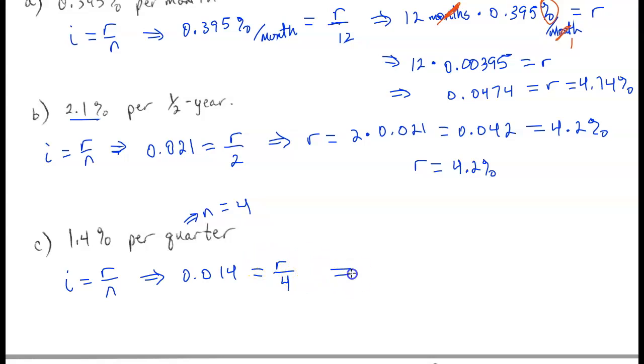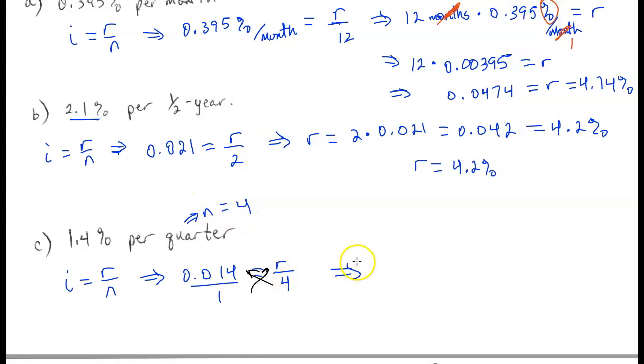And so how I'm getting R here, just in case you didn't catch this earlier, I am doing cross multiplication across the equal sign. And that's a quick and dirty way to be able to multiply both sides by 4 and get the result that you want.